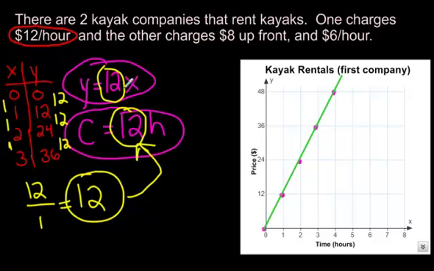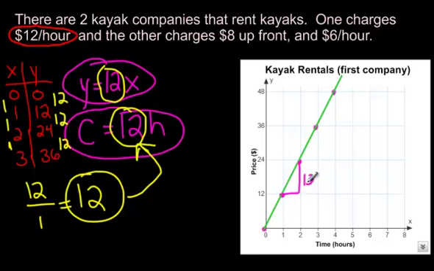And actually, it works really nice to use the word rate here, because we use that word in real life sometimes. What is your rate per hour? 12 bucks per hour. Okay, so the rate and the slope are the same thing. Rate actually is a nice word to use here. And remember, if you wanted to find it using this graph over here, you would just make a little triangle here, like that, and you'd say, what's the rise between here and here?